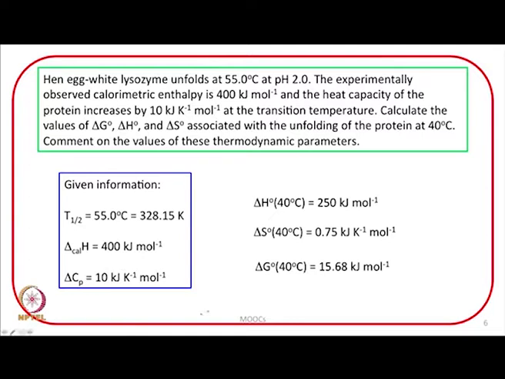That means at 40 degrees centigrade the protein will not unfold, and that is in line with the given information that hen egg white lysozyme unfolds at 55 degrees centigrade. That means if the temperature is below 55 degrees centigrade, the unfolding reaction will not be spontaneous. And that is what you see here, that delta G naught is positive at 40 degrees centigrade.